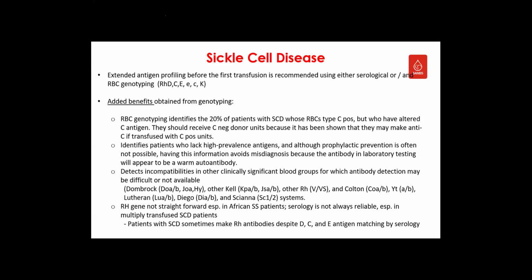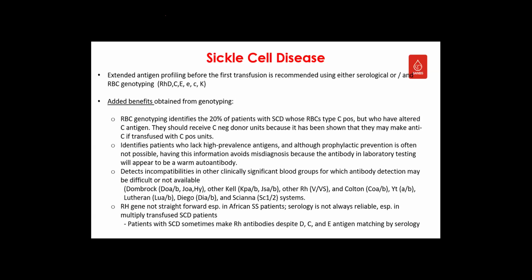So definitely the Rh gene in African patients hasn't been fully understood, let me put it that way. And serology is not always reliable, especially in these multiply transfused sickle cell disease patients.